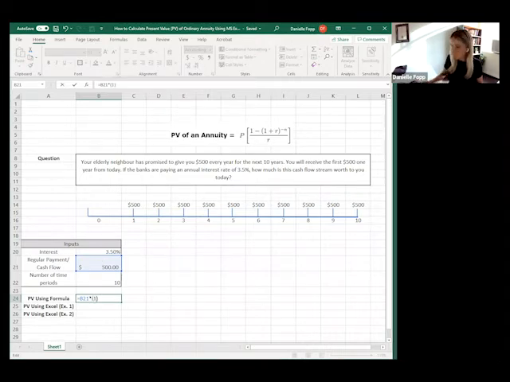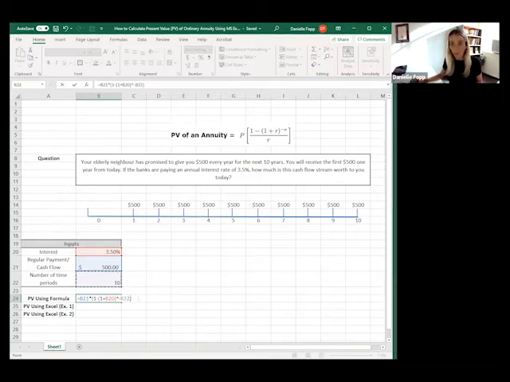We then need to do 1 minus, again, a second lot of brackets, 1 plus the interest rate, which we had, and that is to the power of negative how many time periods we have.